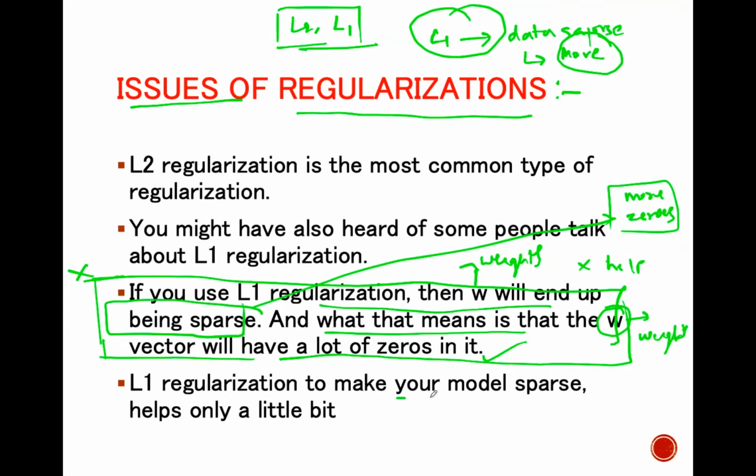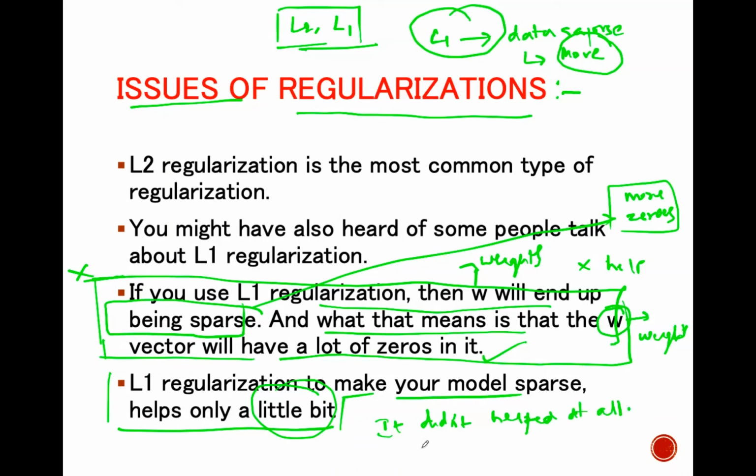L1 regularizer makes your model sparse, helps only a little bit, or I would say it won't help. I'm saying this with my experience of building many neural network applications; it didn't help us. In a book it said it helps a very little bit, but it didn't help at all.